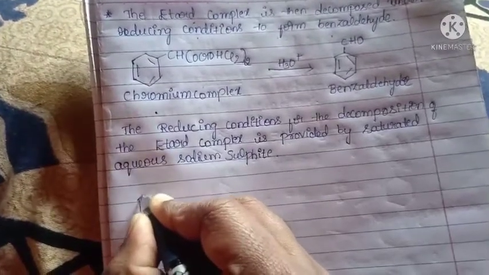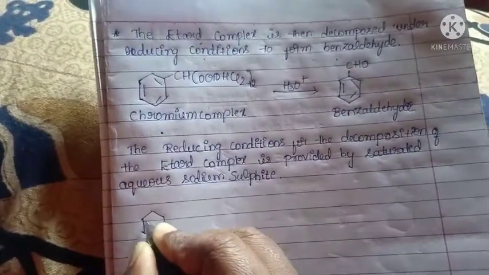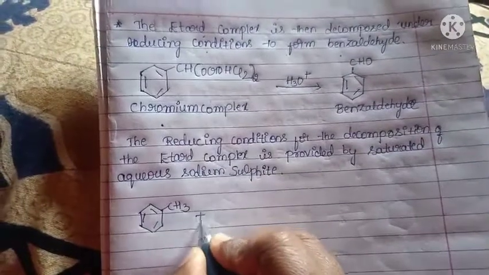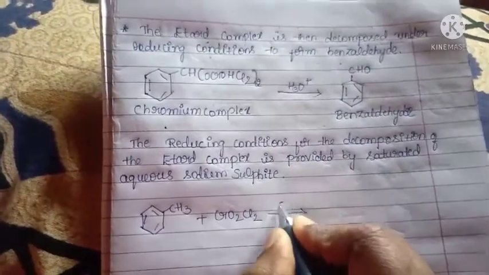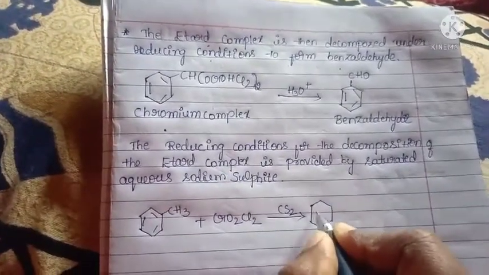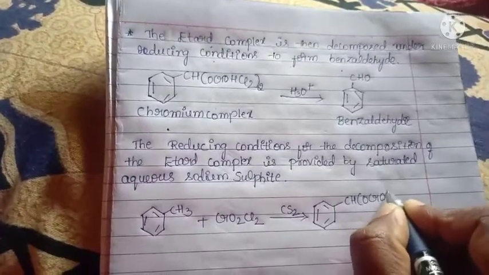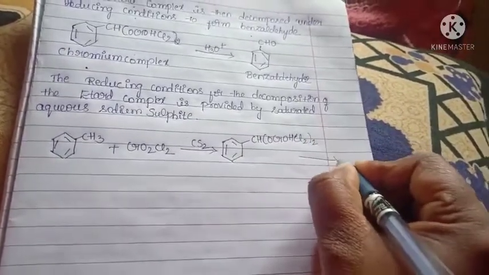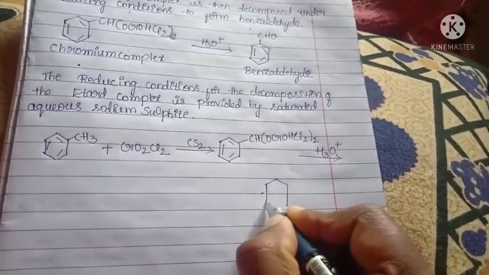The reaction is CH3, plus CrO2Cl2, it gives, with CS2, then CHOCrOHCl2 twice under hydrolysis or decomposition, it gives benzaldehyde.